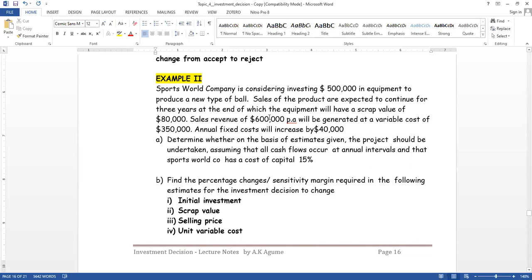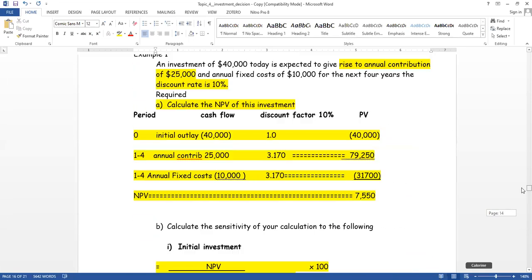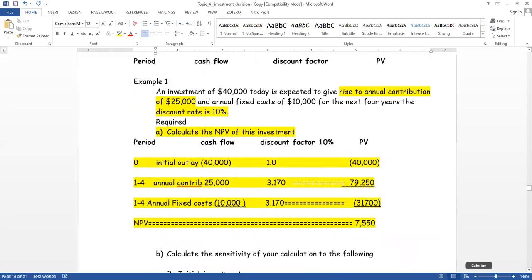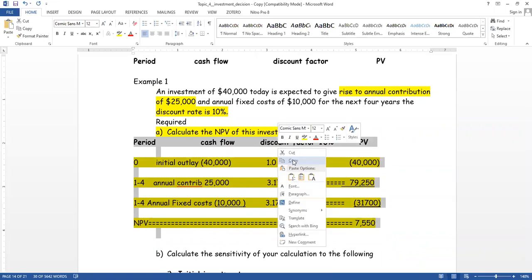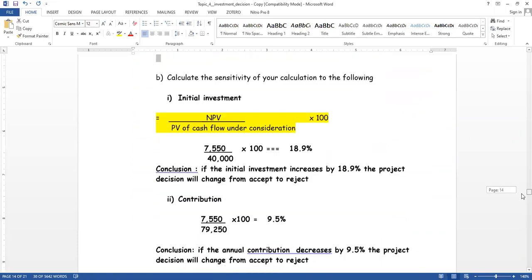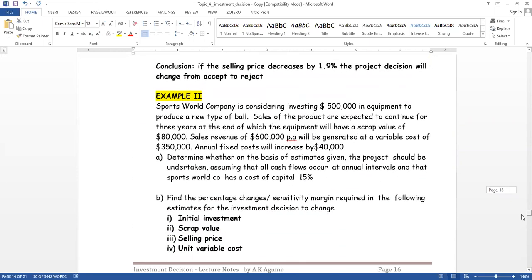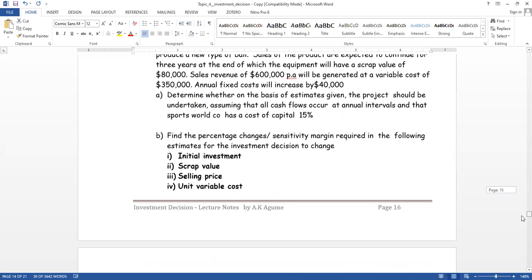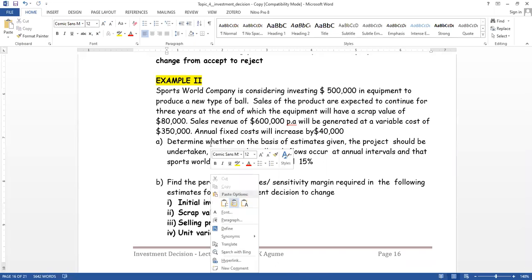So if I can give maybe a hint, you will have your layout like in this form. Because for each variable you need to look for the PV, because remember when you are computing the sensitivity of each variable given there, you need its present value. So your format should be in this form.